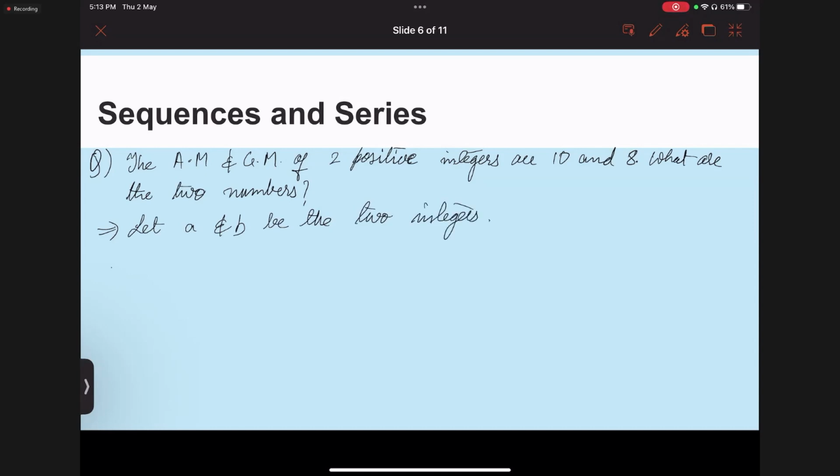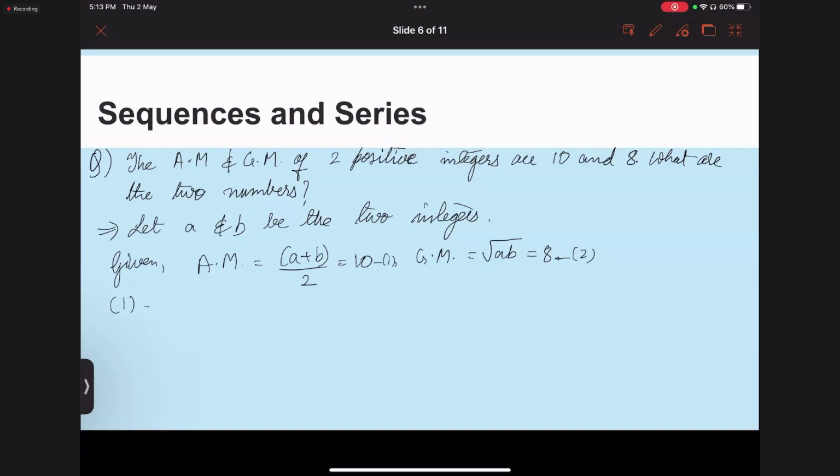Given is that AM is equal to (A plus B) divided by 2 is equal to 10, and GM is square root of AB equals 8. Say this is your 1, your 2. So your 1 becomes A plus B is equal to 20.